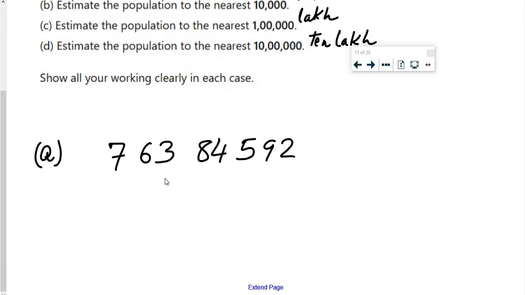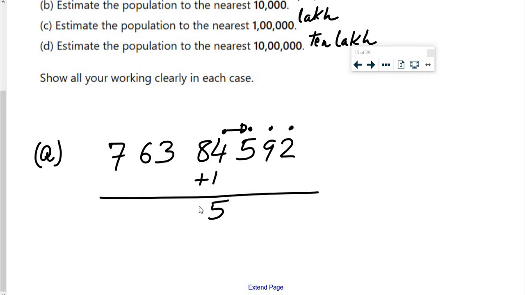So find the place value. Which digit belongs to the place value of 1,000? We have ones, tens, hundreds. 1,000 is in the place value of 4. Check on the right, there is 5. Add 1 here, that is 5.